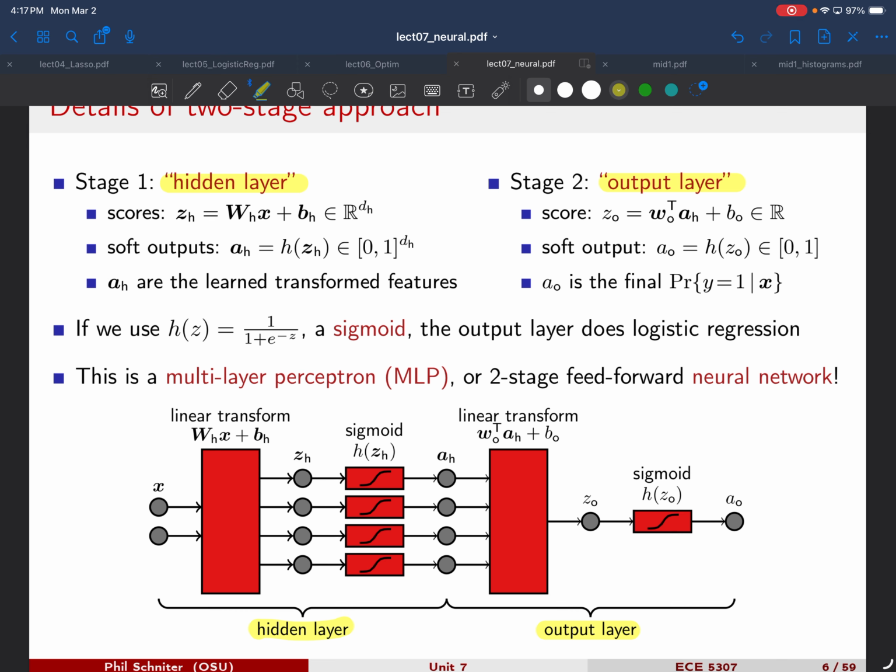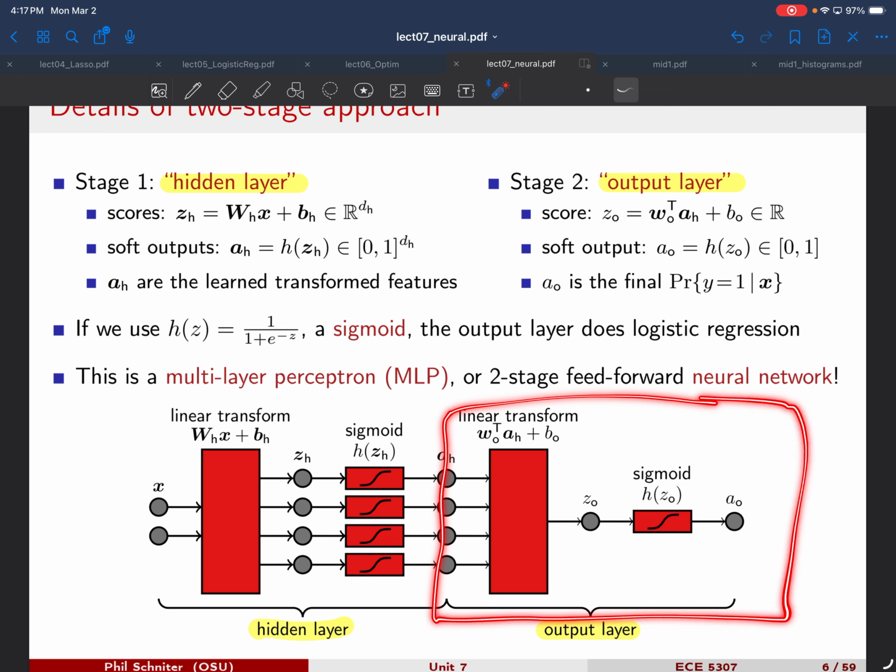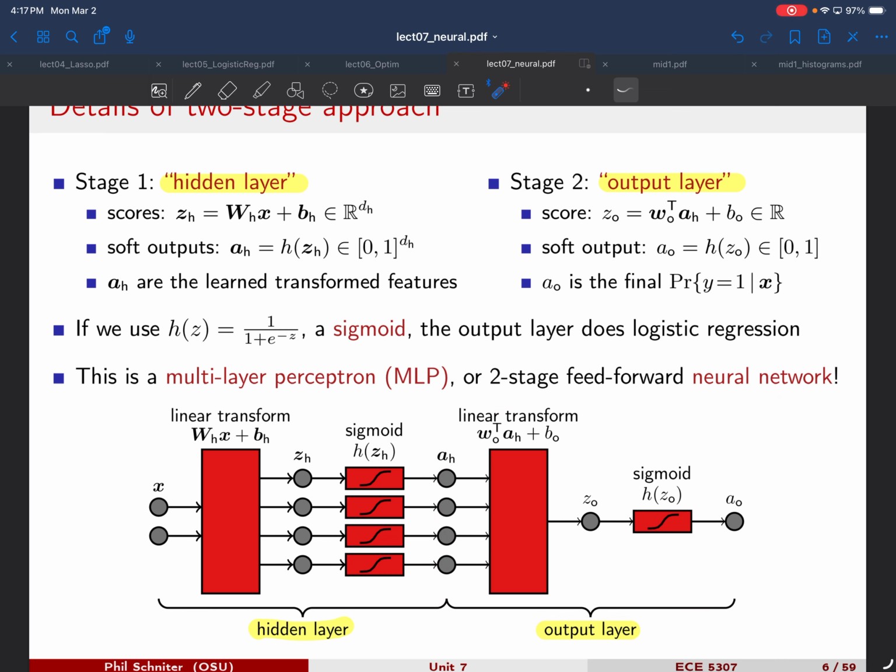So we're using subscript h for all the hidden layer parameters. So we have hidden layer biases, hidden layer weights, hidden layer outputs. Sometimes people call these logits also. And then this is the logistic sigmoid function that gives us the soft outputs of the linear layer. And then those are essentially the outputs or transformed variables that go into the final layer, which is nothing more than binary logistic regression.